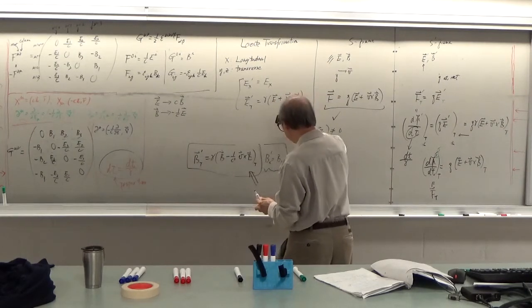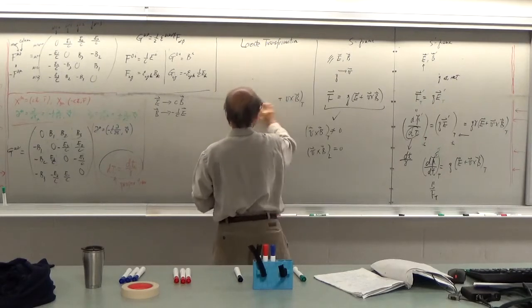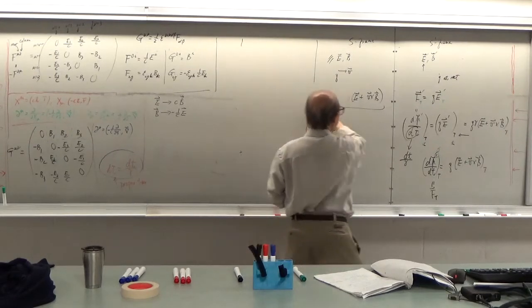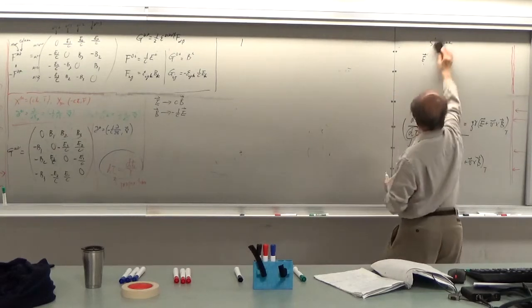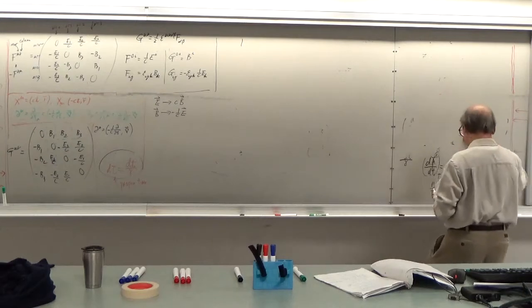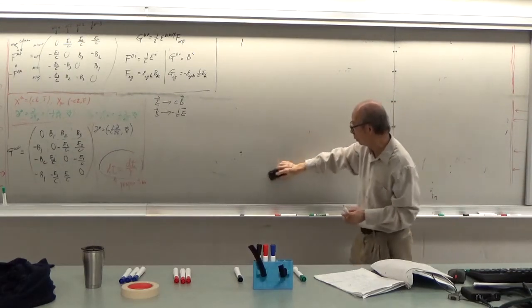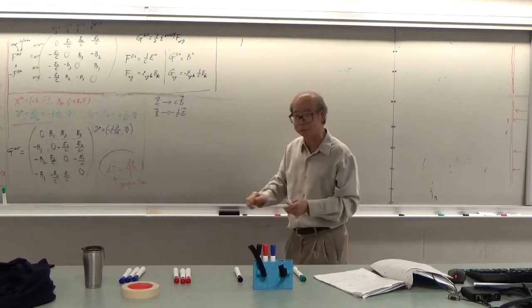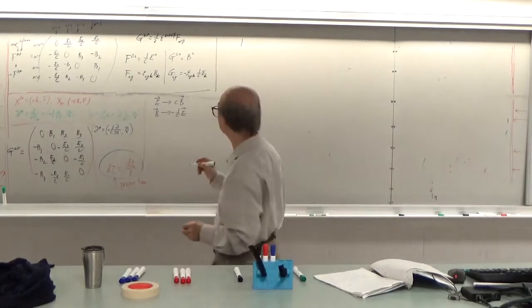All right? And I'm done with this. May I erase this? And now make use of this side of the blackboard to do at least part of a couple of problems in Griffiths' book.